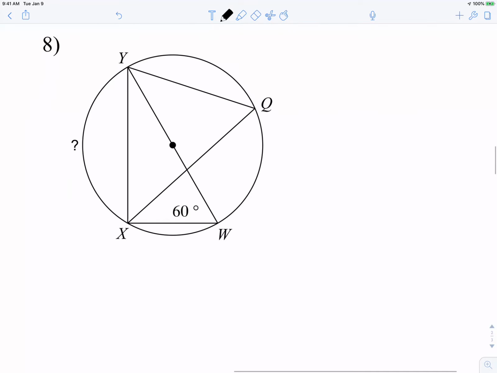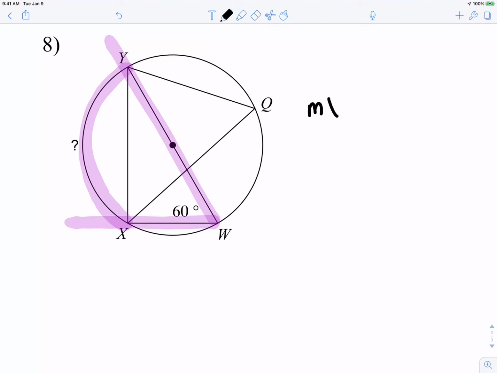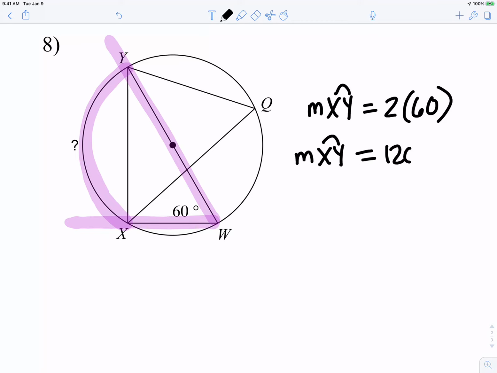Let's look at number 8. All right, I need to know this arc measure. If I look at the endpoints, I can find the angle that intercepts, that is the inscribed angle. So by the formula, the intercepted arc is equal to 2 times the inscribed angle's measure. So the measure of XY is 120.